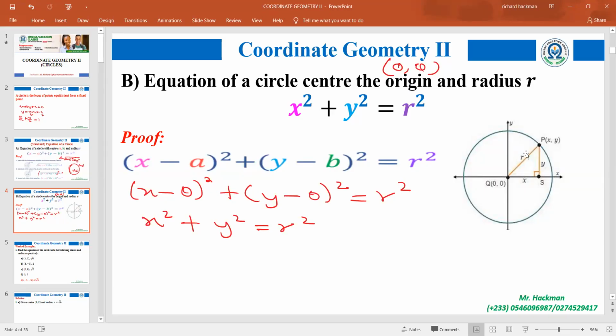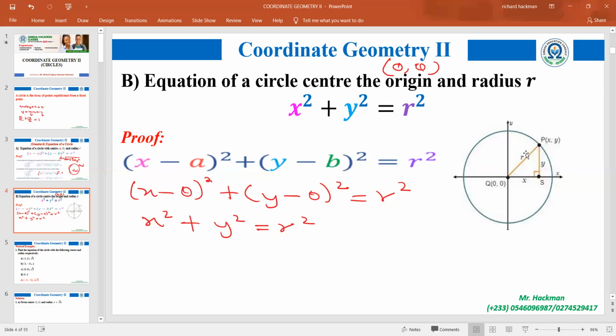My point here is, if the question gives you a center other than the origin and the radius, and you want to start quoting the formula and carrying out your substitution to get whatever equation we are looking for, you quote the first one, which is the a. However, if the center is the special one, which is the origin, then you have to quote the second one, which is x squared plus y squared is equal to r squared.